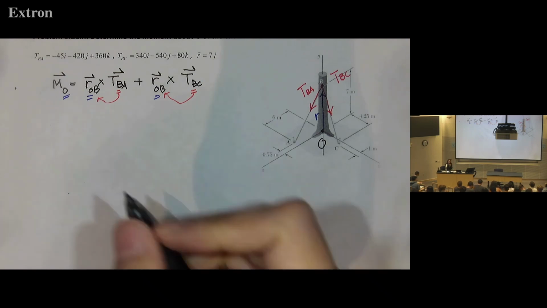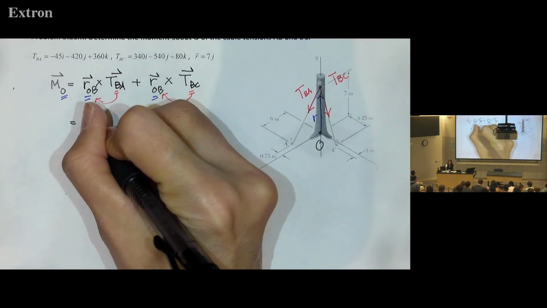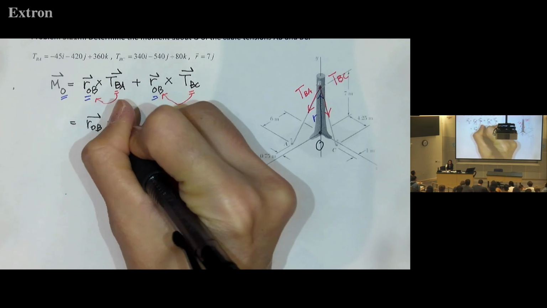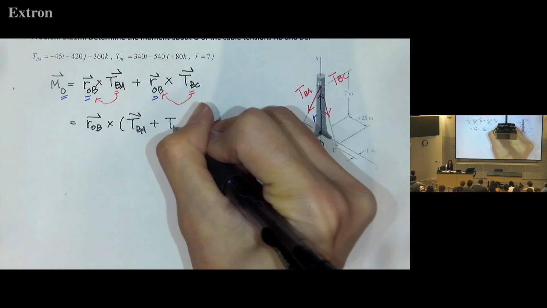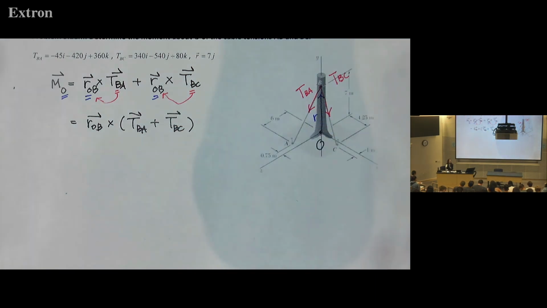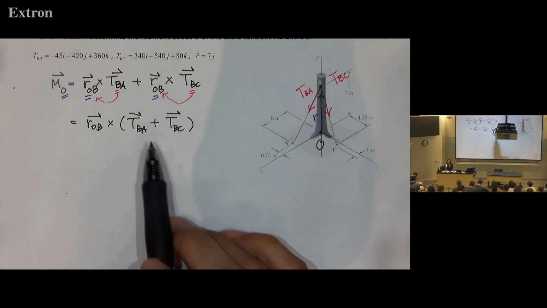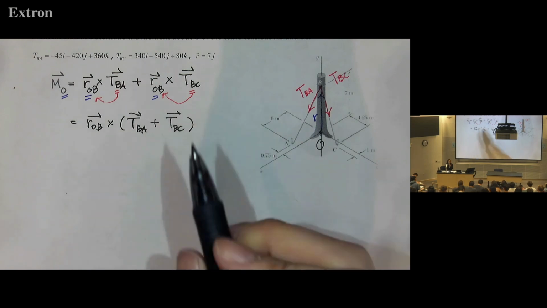So we can write this equation like this, and then it's easier to calculate. Sum these two vectors, and then calculate.